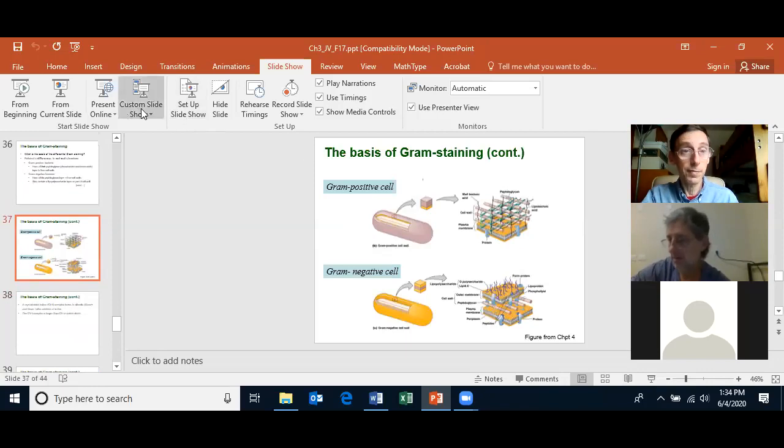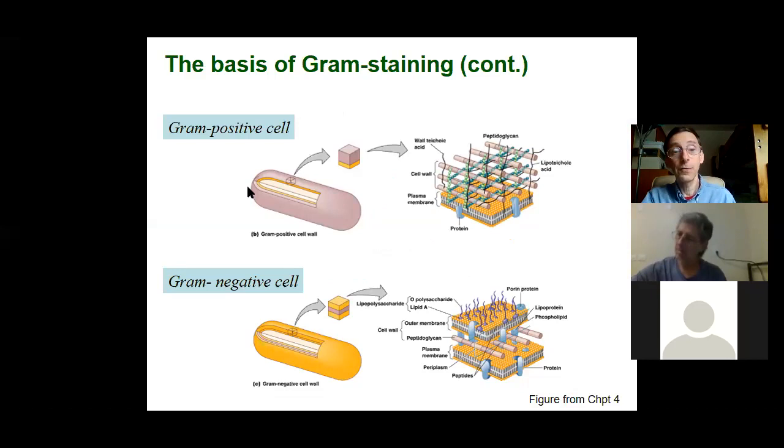Let me blow this up so it's a little more visible. So the gram-positive cell wall, when we're looking at the cell here, the purple is the cell wall, and it's a thick cell wall. The yellow is the cell membrane. We'll talk more about that in a later lesson.